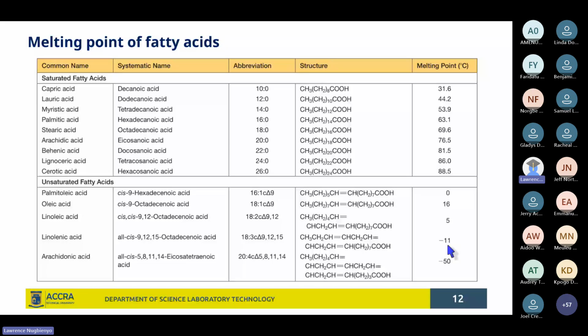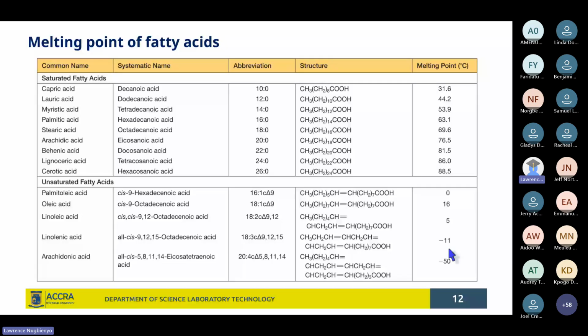Or in the development of, say, engine oils, for instance, you want to have oils that can withstand very low temperatures, that even when the temperature is so low, the oil will still be liquid, so that you can still run your engines.